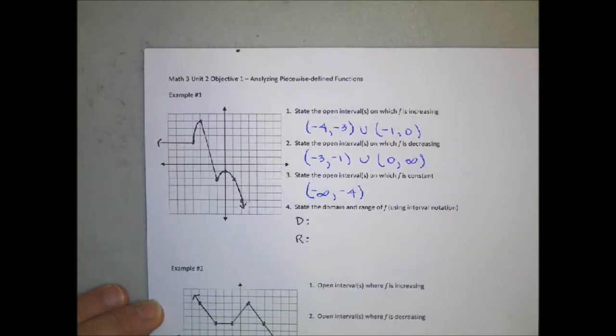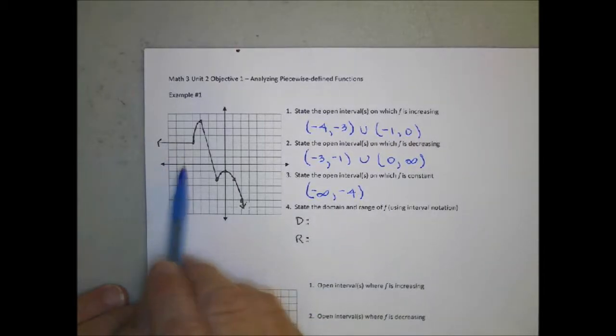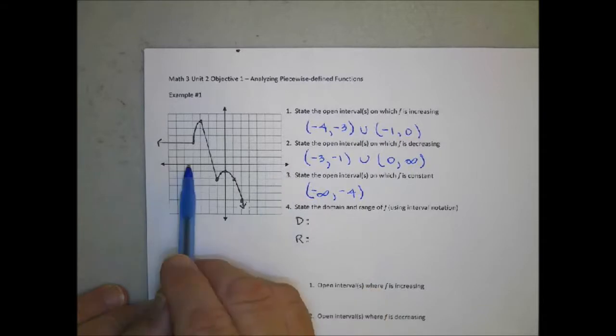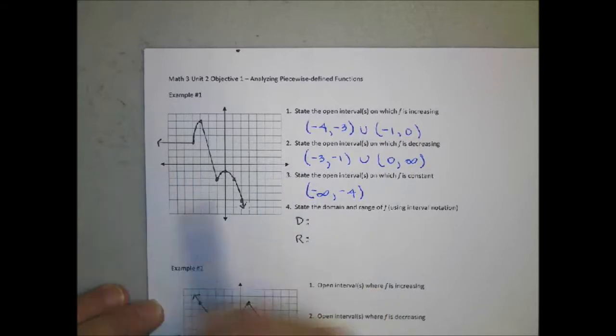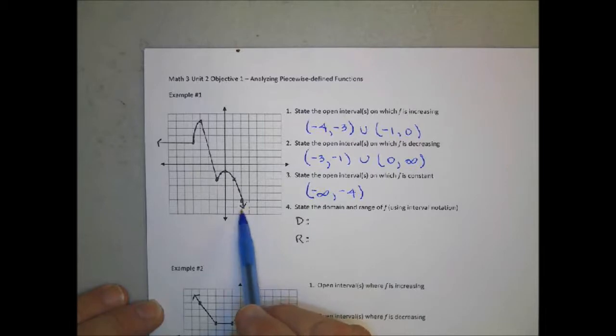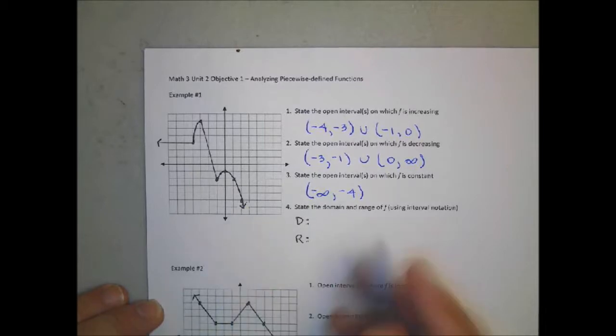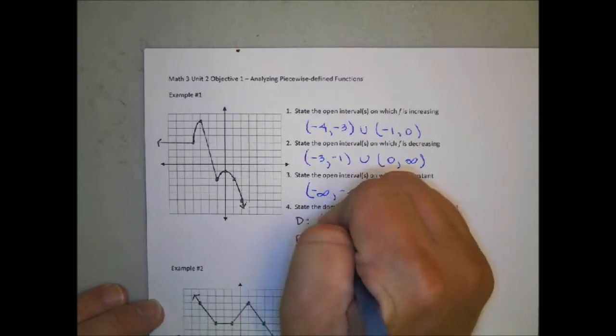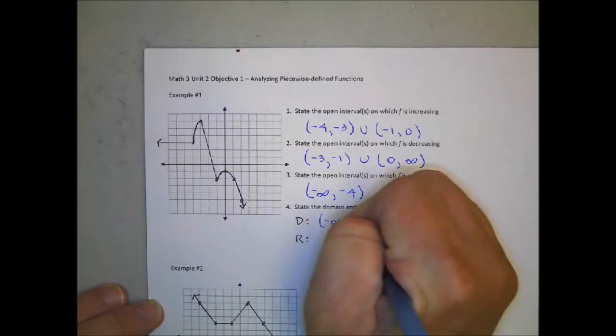Now, the domain and range. Well, the domain, the values of x that the entire graph uses, it goes forever and ever to the left, and even though it goes down forever and ever, it also goes out forever and ever. So the domain is simply -infinity to +infinity.